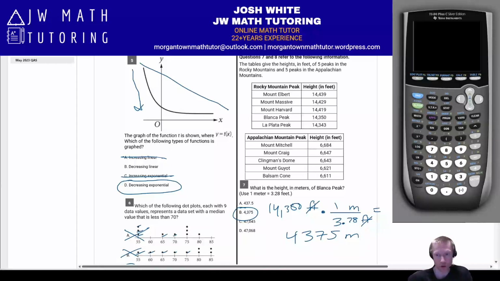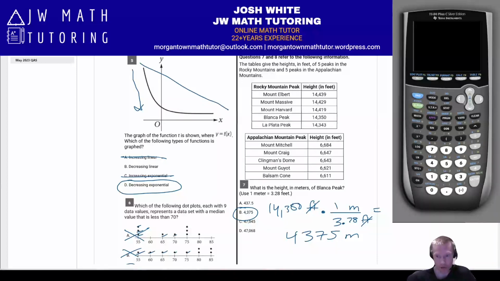Again, you could also do a proportion for this one, where you set up 14,350 feet on top, number of meters on the bottom, and then you set that equal to the number of feet. Let me just erase this and do it down here where it's visible.